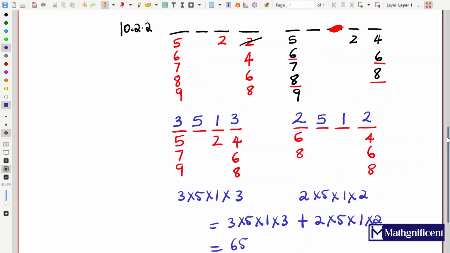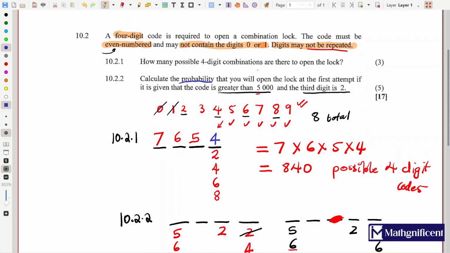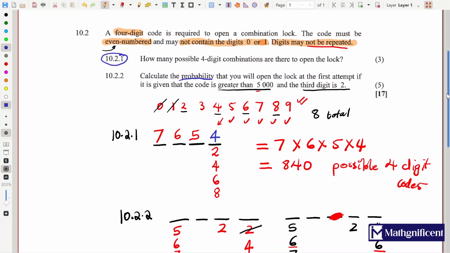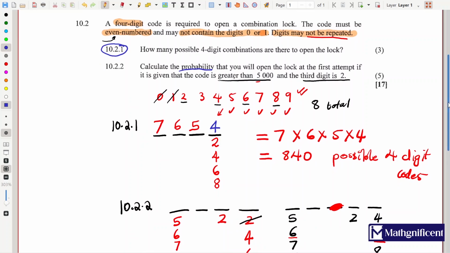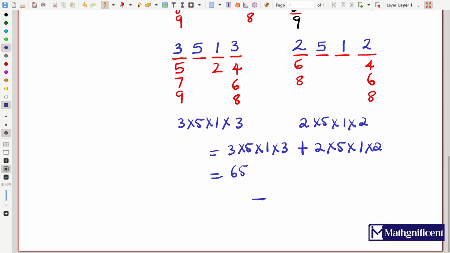Now remember, because we have to calculate the probability, what's our sample space? Remember that our sample space in this case can be the answer, or the number that we have calculated in 10.1 and 10.2.1. Then what did we find here? Remember, we got that this is 840. So we know that to find the probability here, it's going to be 65 over 840, right?